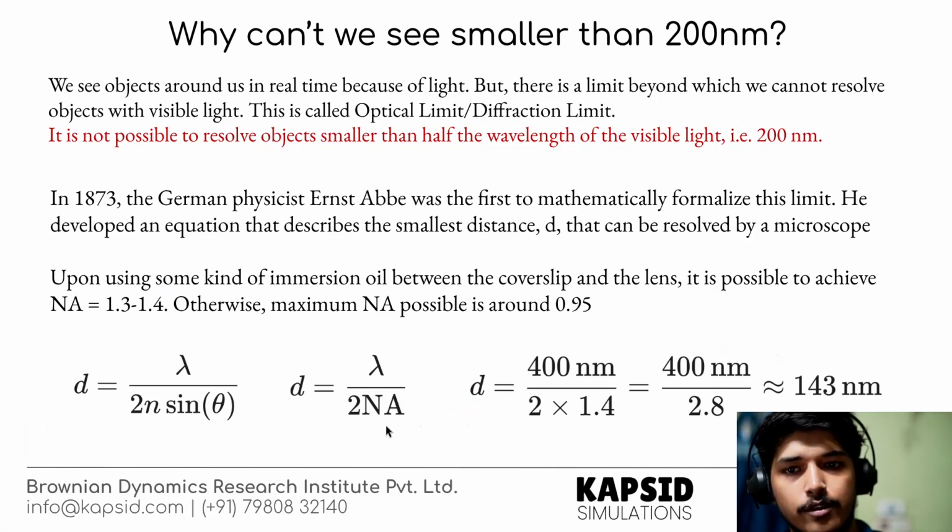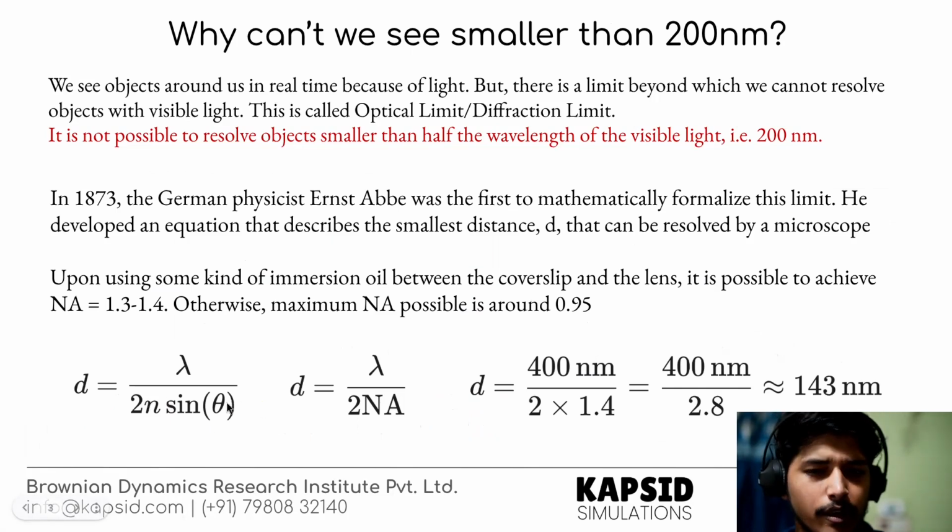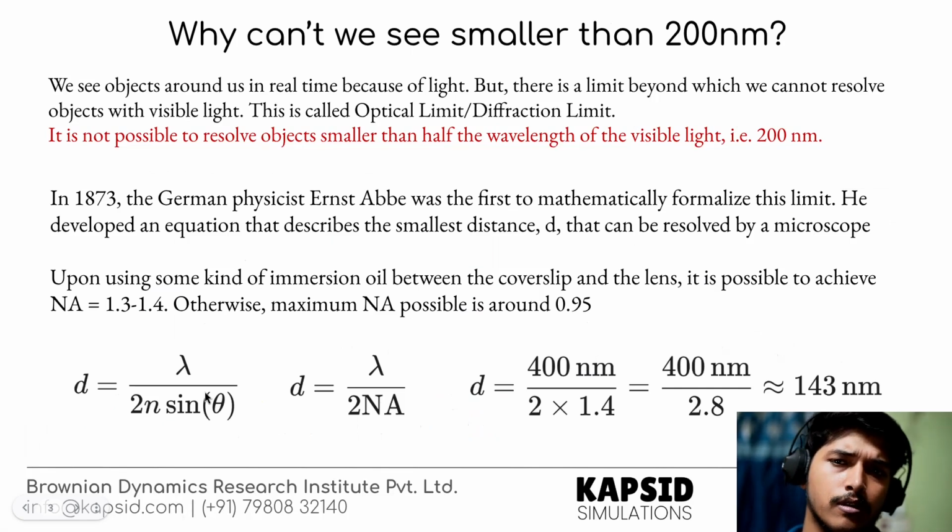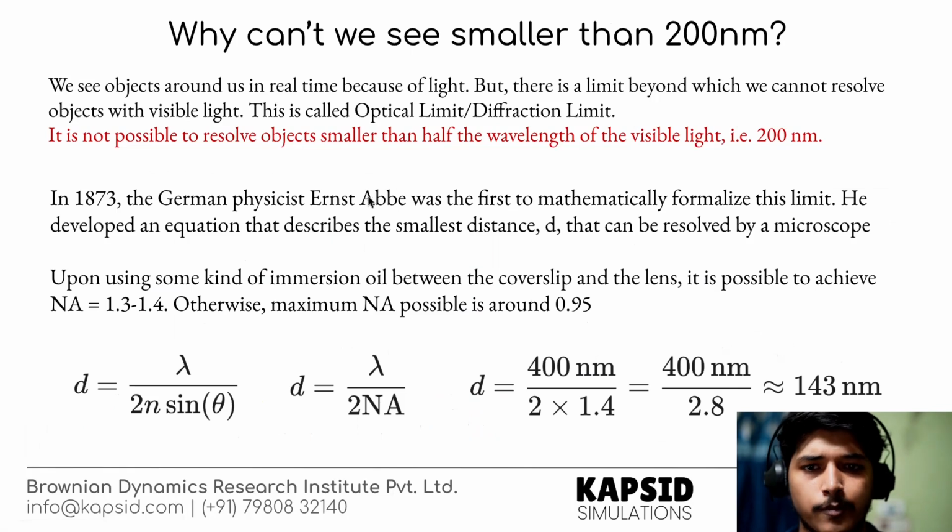Here the numerical aperture is basically n sine theta, where theta is, I think, half the angle of light entering the lens or something like that. You can check that out. It's called Abbe's principle, an equation given by Ernst Abbe.